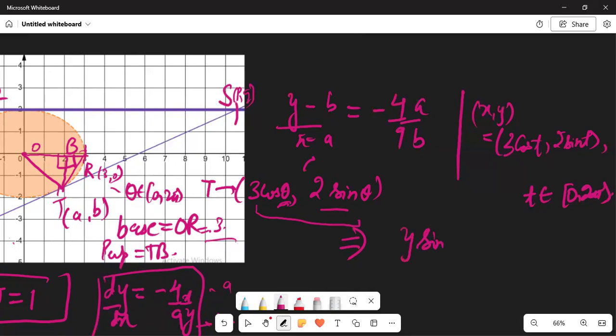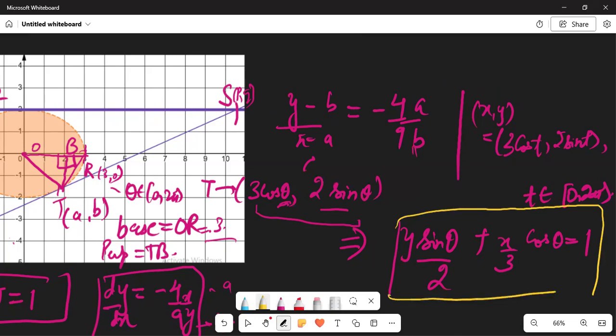Now we substitute that point T in this equation. You substitute 2 sin theta equals b, a equals 3 cos theta, and you cross multiply, you get y sin theta upon 2 plus x by 3 cos theta equals 1. This gives us the equation of the tangent line.